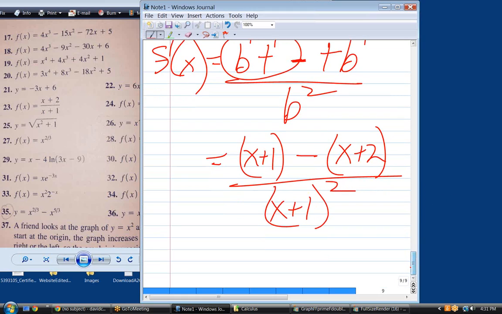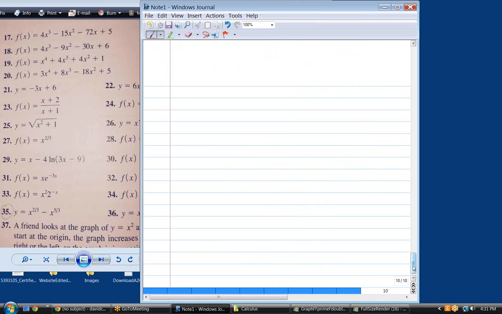Simplify. The x's cancel, and you get 1 minus 2. So negative 1.